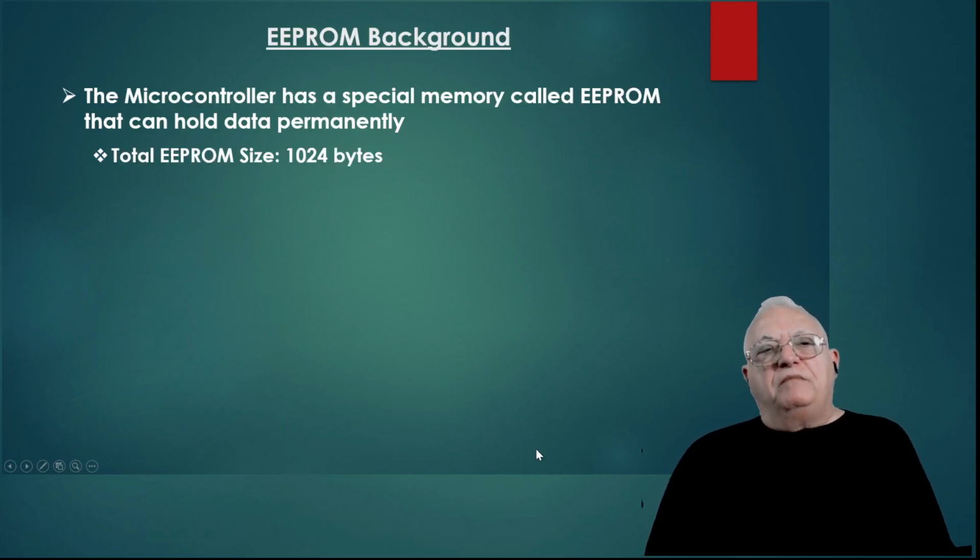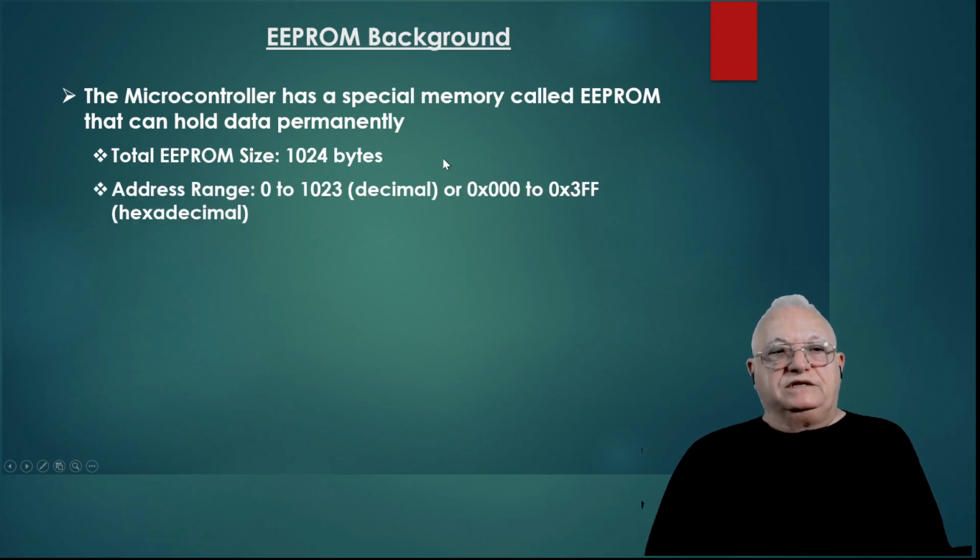Now the microcontroller has a special memory called the EEPROM that can hold data permanently. That means that we can remove the power for the controller and then apply it later, and we can access that data from the EEPROM. The total size of the EEPROM is 1024 bytes.